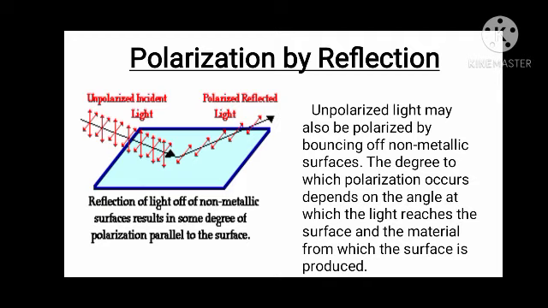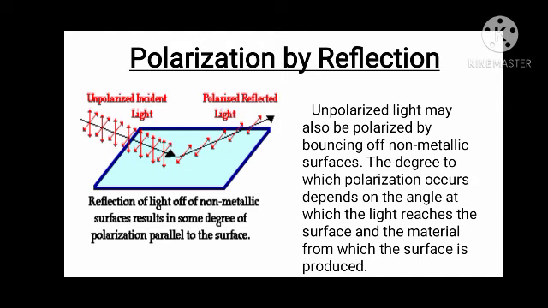But these fishermen know that the use of glare-reducing sunglasses with the right polarization axis allows this partially polarized light to be blocked. So by blocking the polarized light, the glare is minimized and the fishermen can more clearly see the fish underwater. Our example here shows the reflection of light off of non-metallic surfaces, which results in some degree of polarization parallel to the surface.